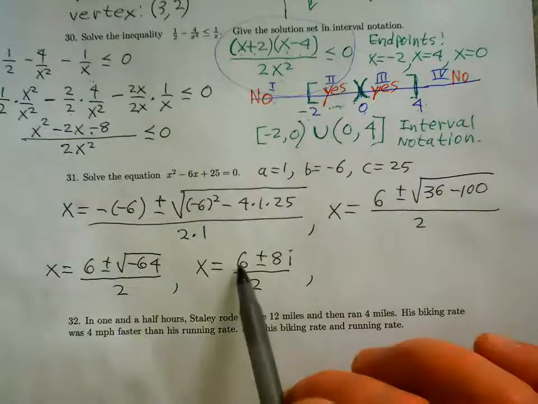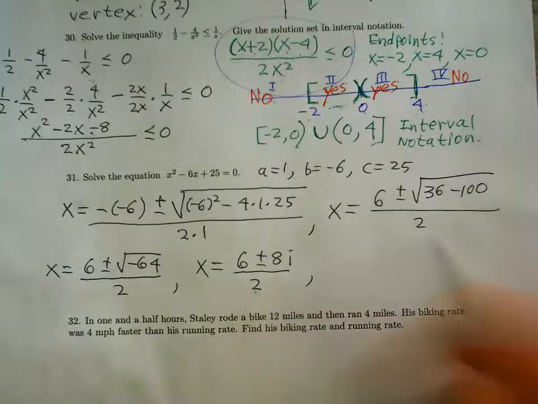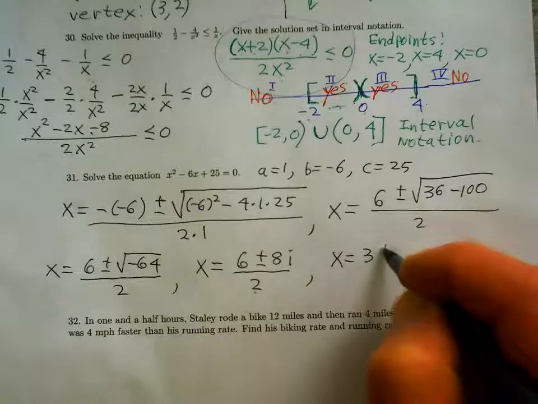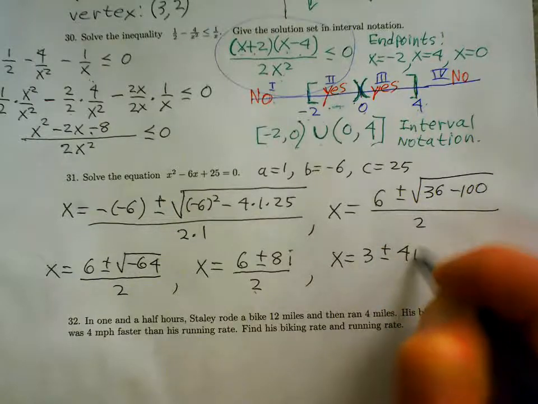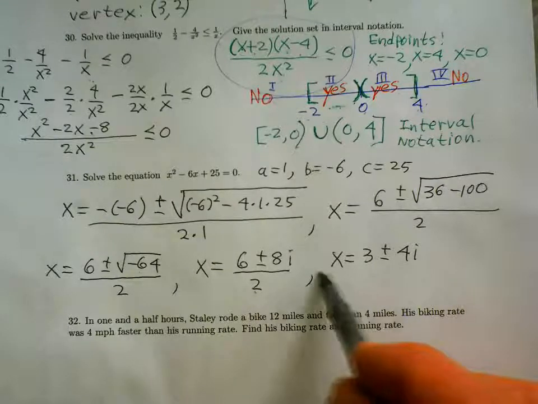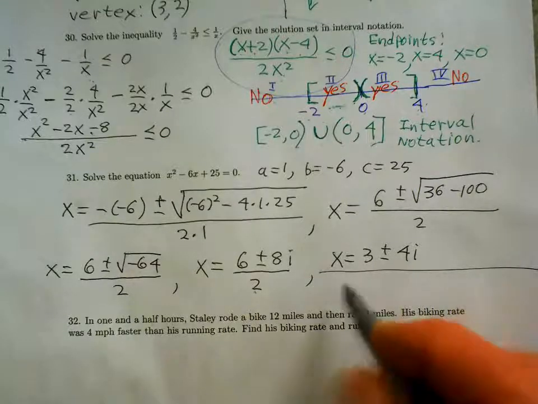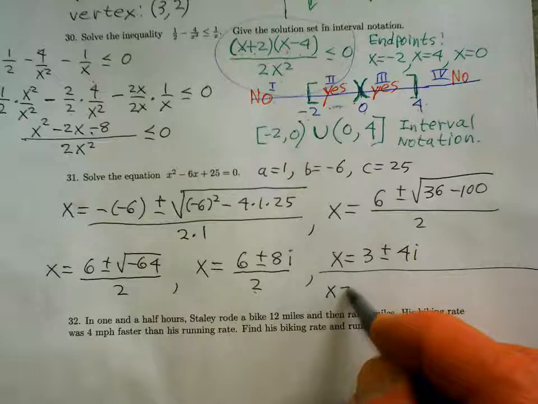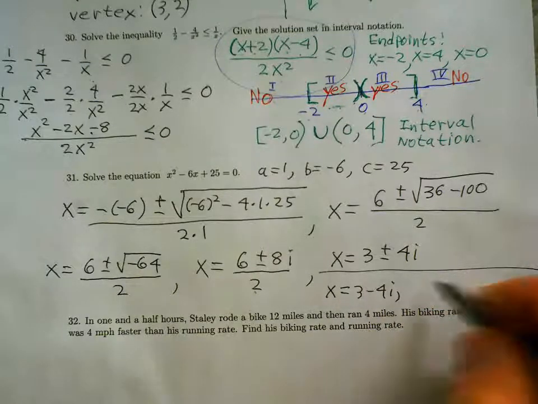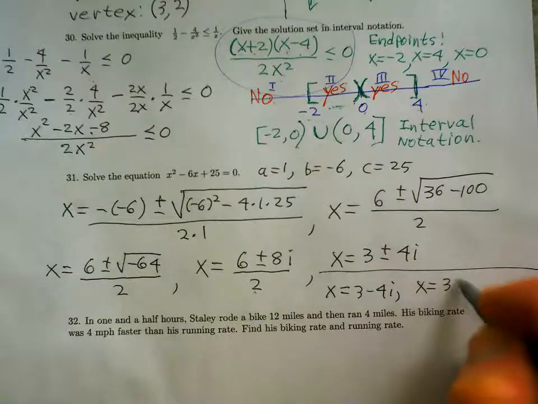So if we divide every term in the numerator by 2, we get x equals 3 plus and minus 4i. So if you write the solution separately, one is x equals 3 minus 4i, and the other solution is x equals 3 plus 4i.